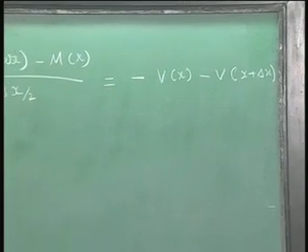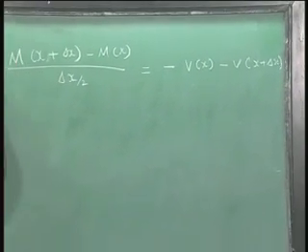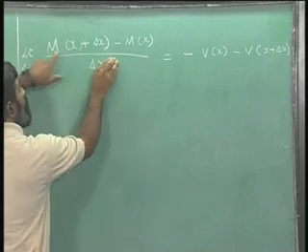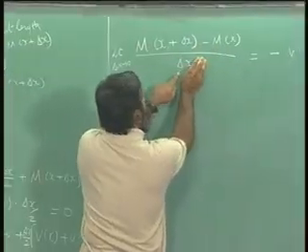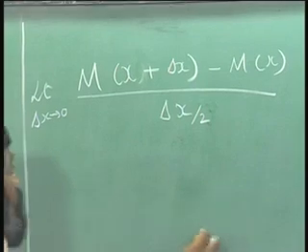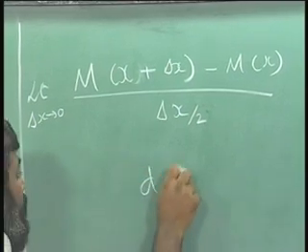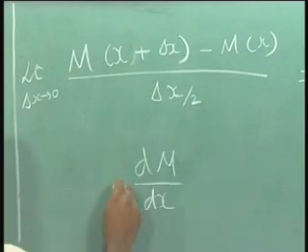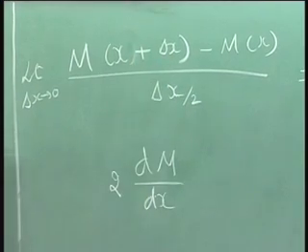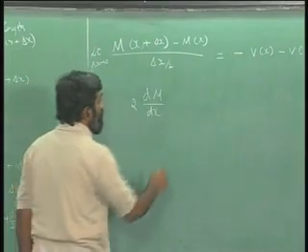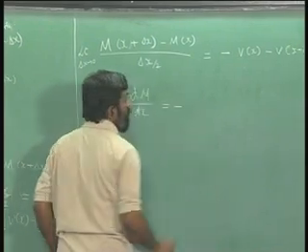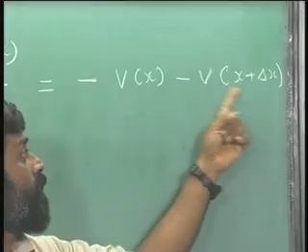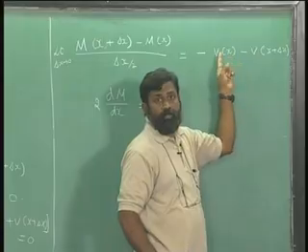Now, if I take the limit as delta x tends to 0, I know M of x plus delta x minus M of x by delta x tending to 0 will give me dM by dx, and I have a by 2 which upon going up will give me 2 times dM by dx is equal to minus of, when delta x tends to 0, this will be V of x, this is already V of x.